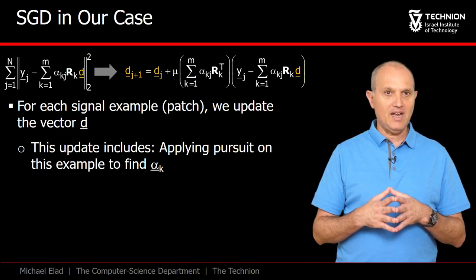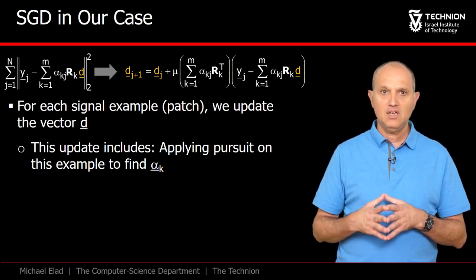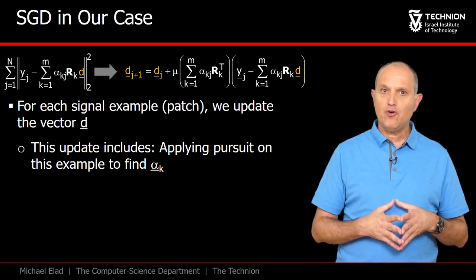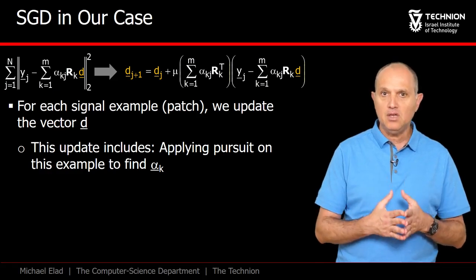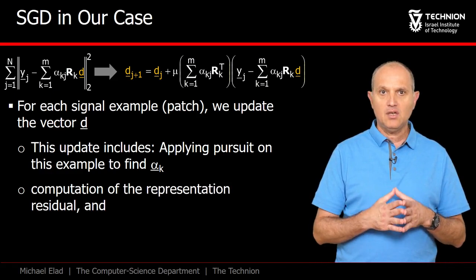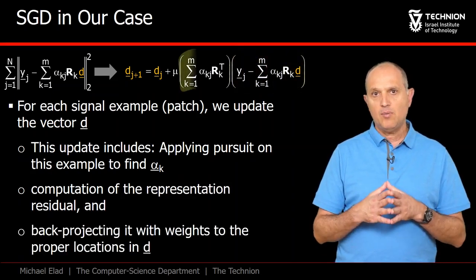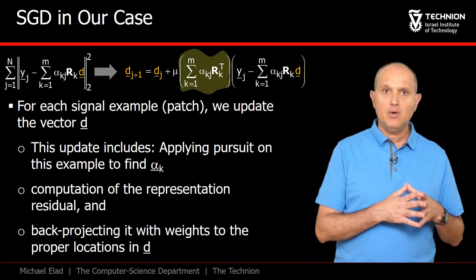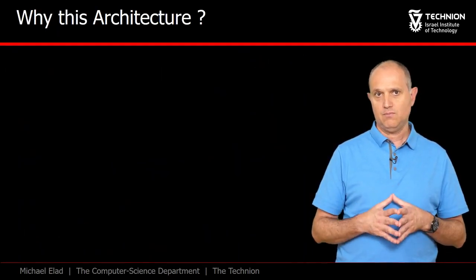When operating online like this, we no longer update all A and then update d. Instead, per each patch, we perform the pursuit to find the representation alpha j and then update d with it. Reading into the update equation, it starts by computing the representation error and then copying it with proper scales to the relevant locations in d by a process we refer to as back projection.